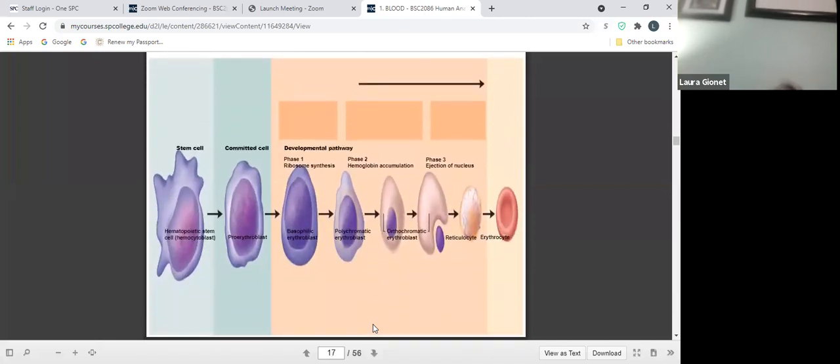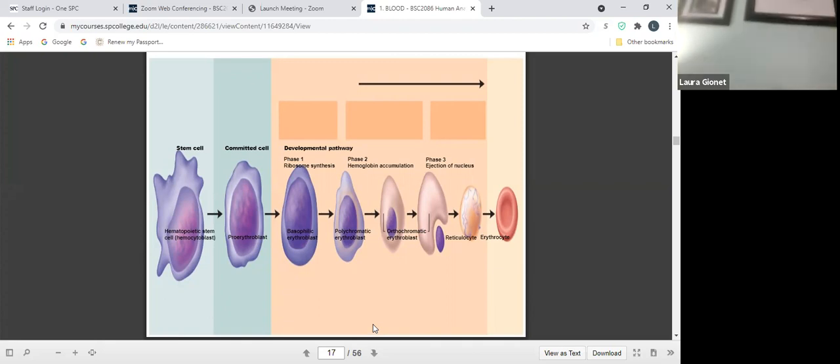This just shows you some pictures of the maturation process of the red blood cell, or the erythrocyte. All blood cells, whether they're white blood cells or red blood cells, start out really large and they get smaller as they mature. We're so used to humans, or even any other animal, being born very small and getting larger as they mature.